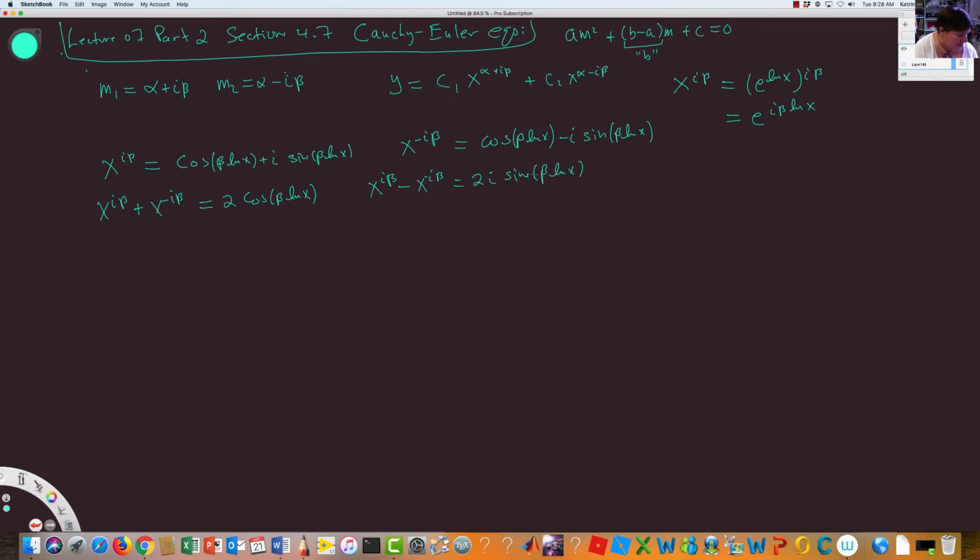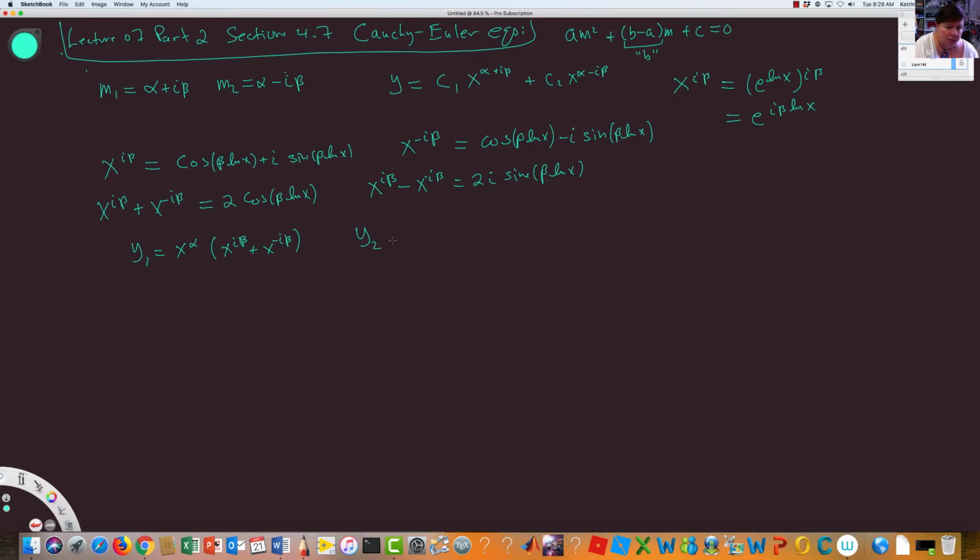So we can see that if we choose the right constants, we can write everything down in terms of sines and cosines. For instance, I can write y1 equal to x to the alpha times x to the i beta plus x to the minus i beta, because what I'm doing is choosing different constants.